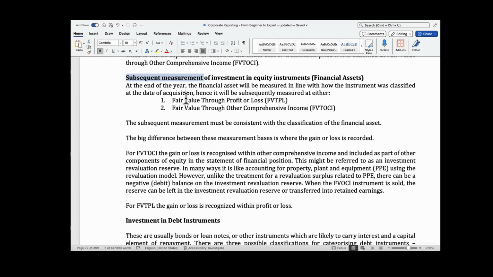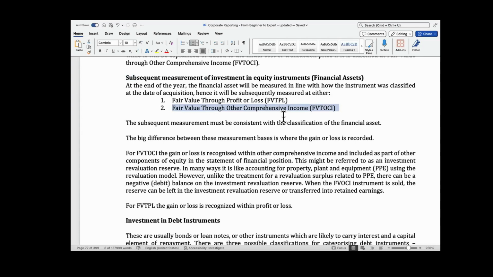Hence, at the end of the year, you measure the financial assets at either fair value through P&L or fair value through OCI, which means that a financial asset that you classify at fair value through P&L, you measure at fair value through P&L at the end of the year. Also a financial asset that you classify at fair value through OCI, you have to measure at fair value through OCI at the end of the year.